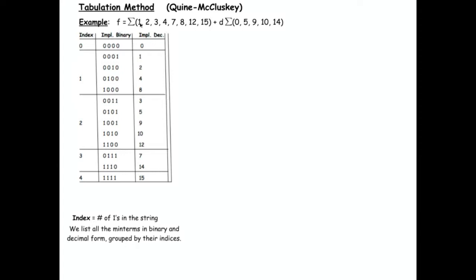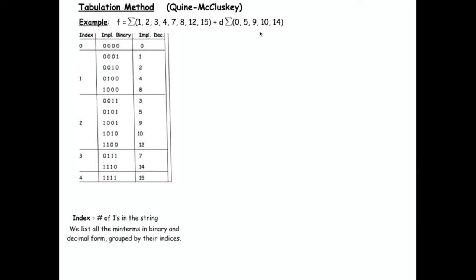What we list here are not all possible combinations of 1s and 0s. It almost looks that way, but we're only listing the minterms, and the minterms are the minterms of 1 plus the minterms of D. So let's see how many of them we have: 1, 2, 3, 4, 5, 6, 7, 8, 9, 10, 11, 12, and 13.